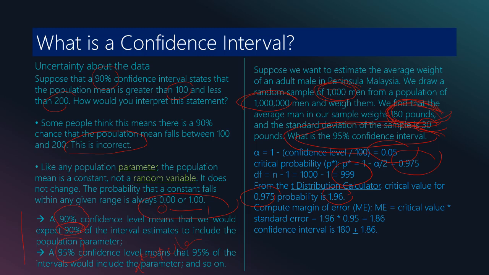So from here we can compute the margin of error. Critical value times standard error, 1.96 times 0.95 equals 1.86, and then the confidence interval is plus minus 1.86.